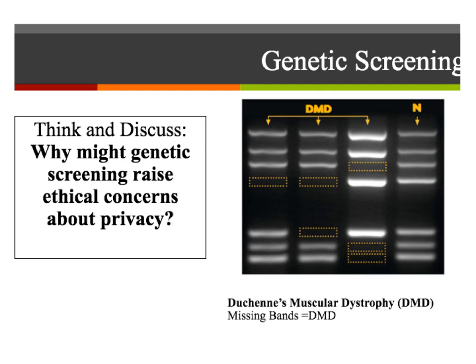If you look at this particular section of DNA, if there are missing bands, that indicates a potential for muscular dystrophy. So again, if an employer knew, if an insurance company knew, why might there be some ethical concerns regarding that information? And what are those concerns?